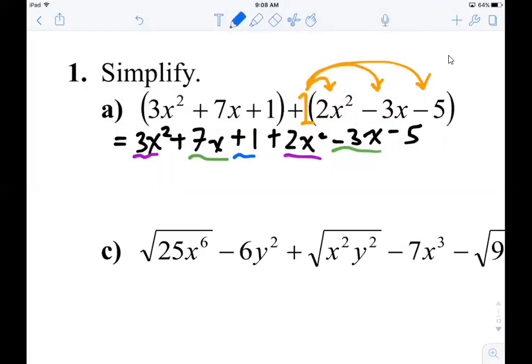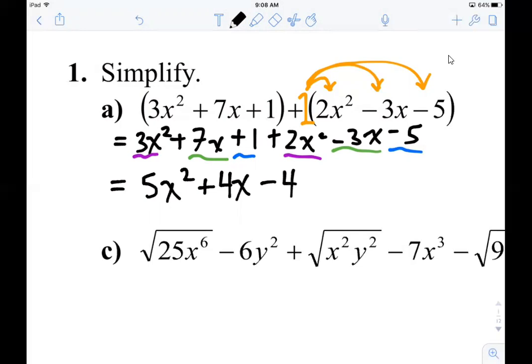And I've got a positive 1 and a negative 5. So let's combine those together. When I put the purple ones together, that's going to give me 5x squared. When I put the greens together, well, 7 subtract 3, positive 4. And then 1 subtract 5 is negative 4. So minus 4 is the last term that I'll add in there.